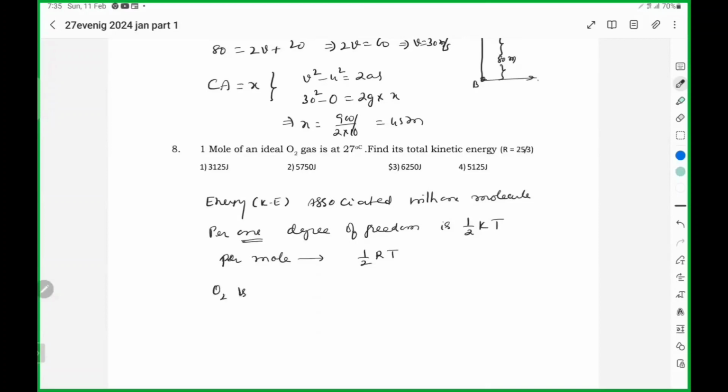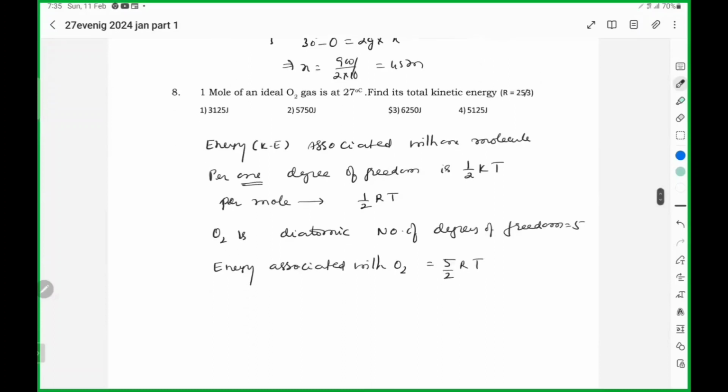Oxygen is diatomic. So the number of degrees of freedom is equal to 5. So the energy associated with oxygen is 5 by 2 RT. He has given the R value as 25 by 3.